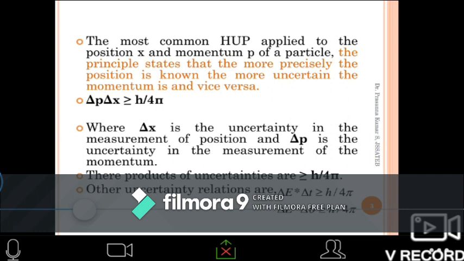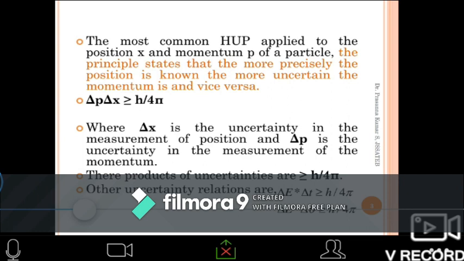They are always probable values. They are probabilities. So Heisenberg's uncertainty principle states that in any simultaneous determination of the position and momentum of a particle, there is always an inherent uncertainty involved in the measurement of the position as well as the momentum.